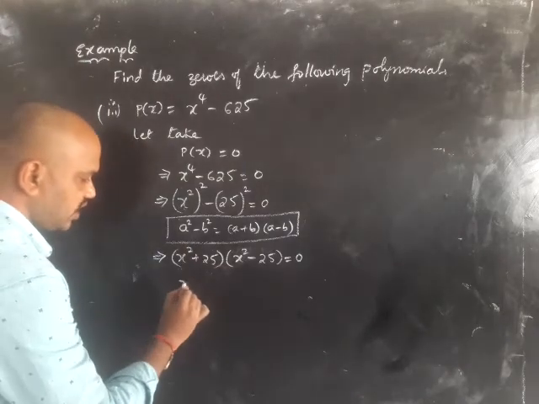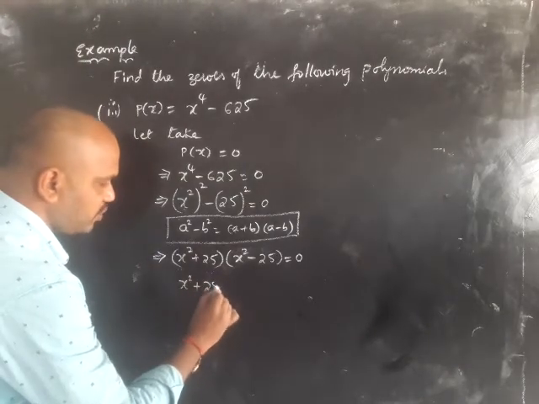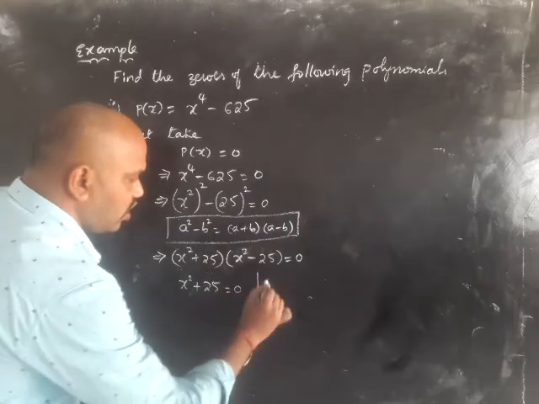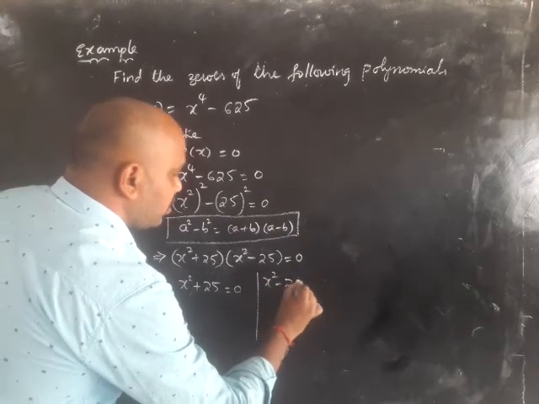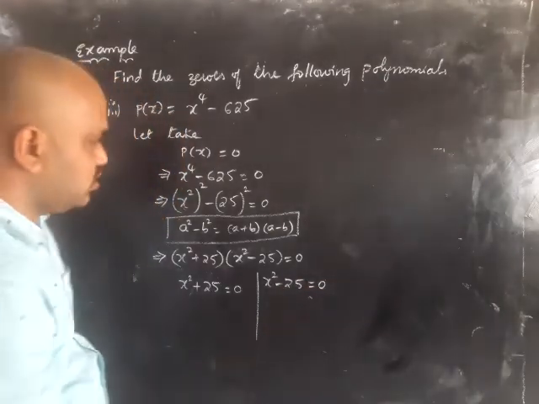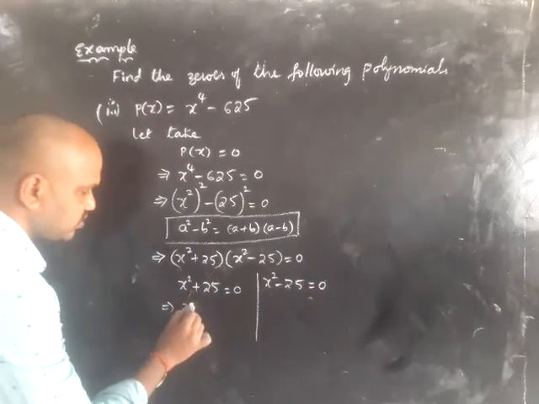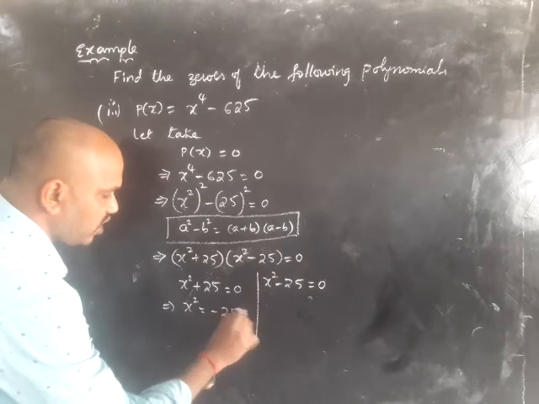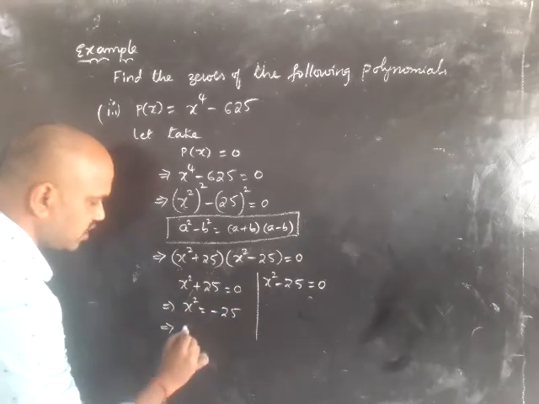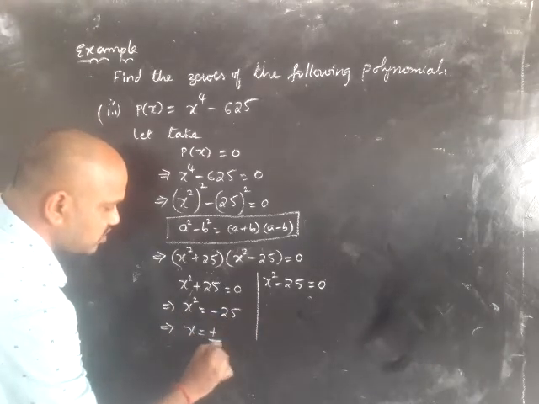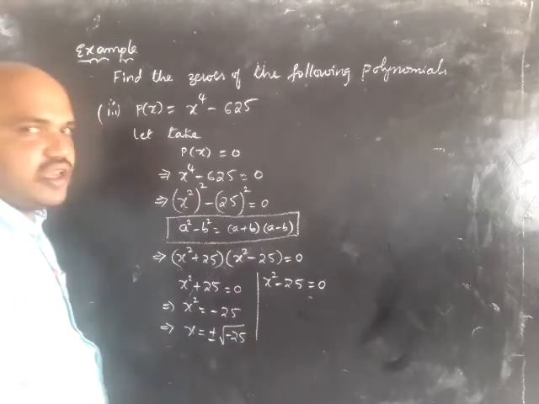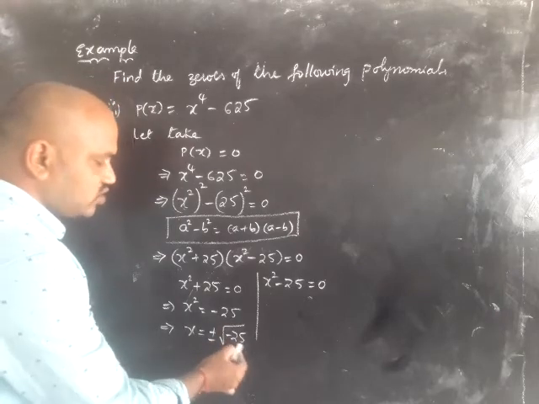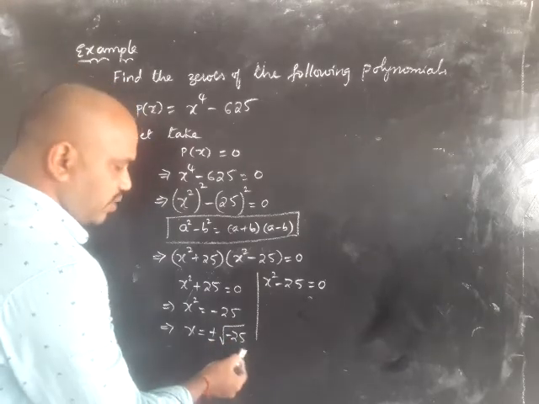Now either x square plus 25 will be equal to 0 or x square minus 25 will be equal to 0. On that side, x square is equal to minus 25, send the square, that will become x equal to plus or minus root of minus 25. Root of minus 25 is a complex number actually.